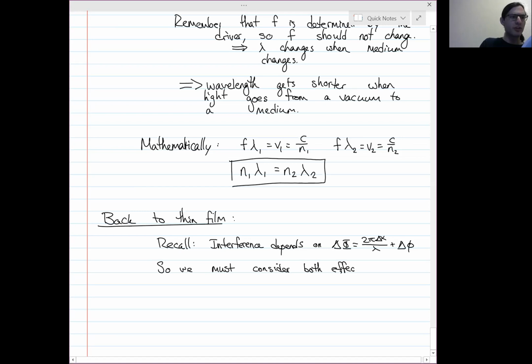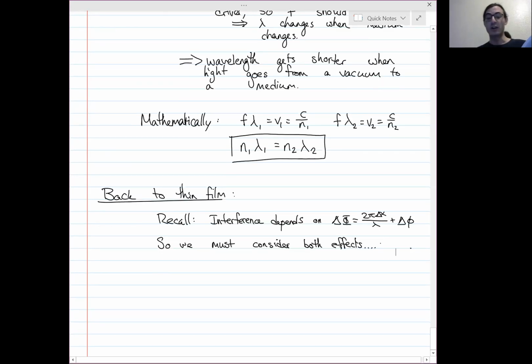Why do we have to consider both effects? Well, the reason is that depending on how the medium changes, you either get an inverted wave or an upright wave, remember? That's what we've talked about with the wave on a string, and the same is true here. And that's equivalent to a phase change by pi. So that would mean that delta phi is pi when you have an inverted or upright wave, relatively speaking. I'll get to that in a little bit.